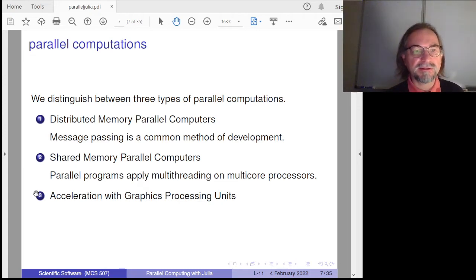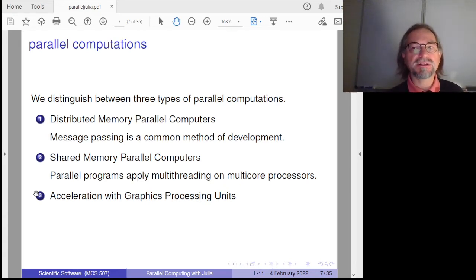In the second type of parallel computing, there can still be several memory modules, but essentially all the processors have direct access.